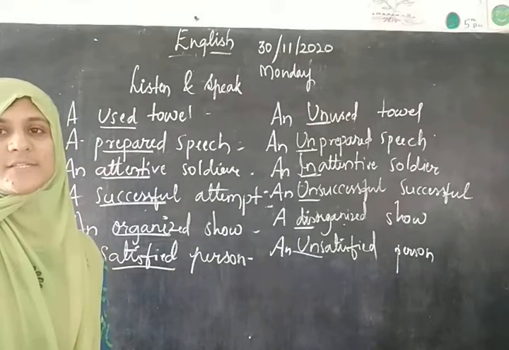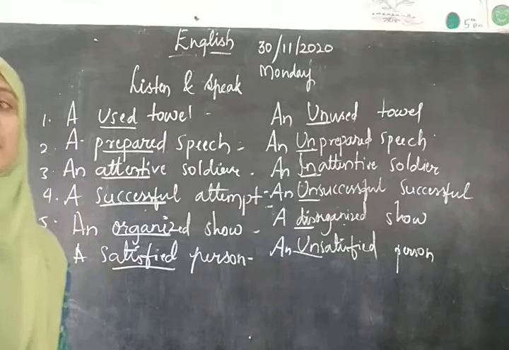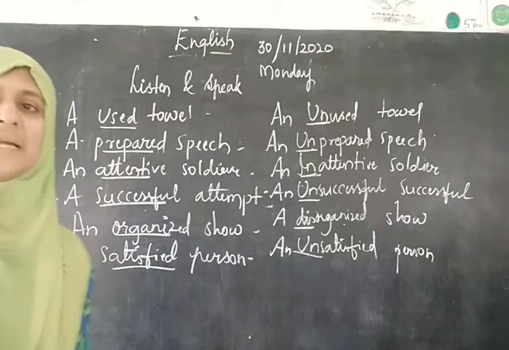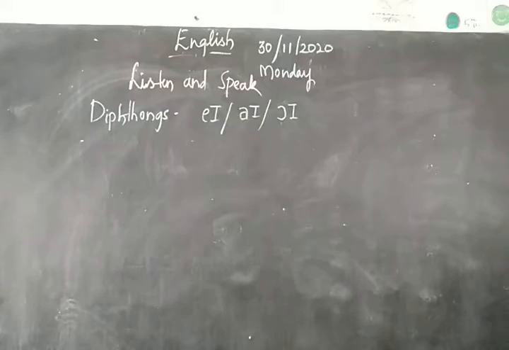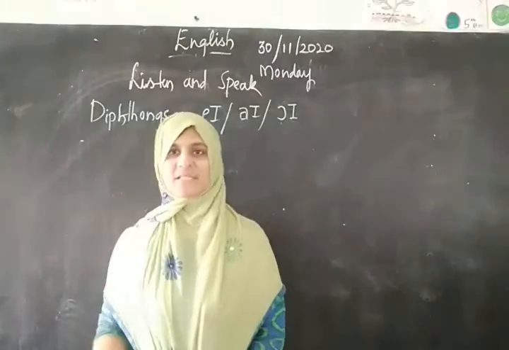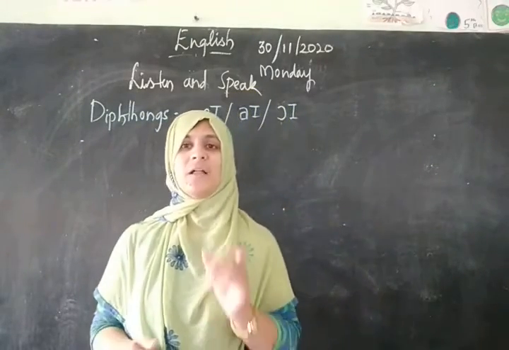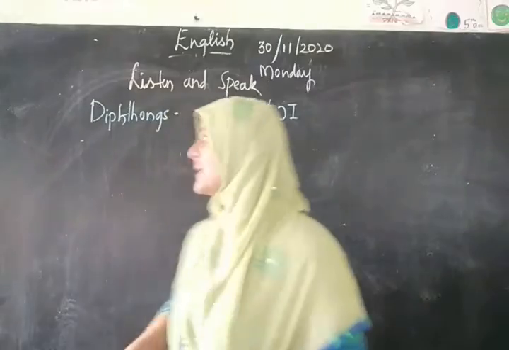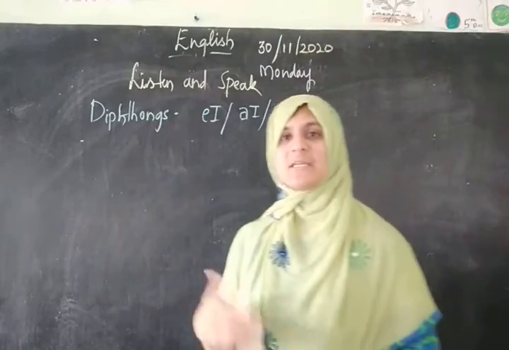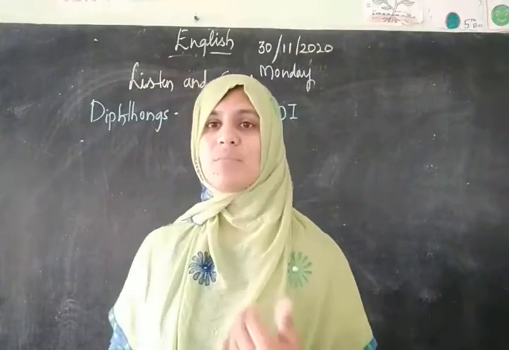Now we shall look into phonetics. Children, in the previous classes I told you phonetics is the scientific study of words and how we pronounce them. In the previous session I discussed monophthongs.